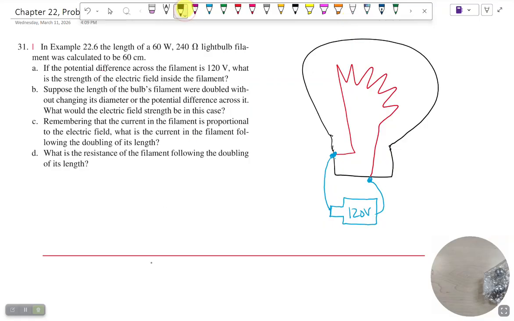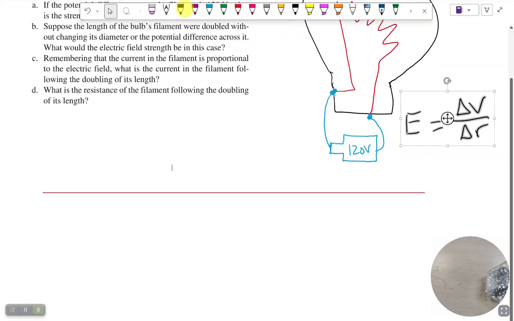So the electric field, if we recall from the previous chapter, is the change in potential difference divided by the change in position, the path length. So basically, the length in that case is going to be this.